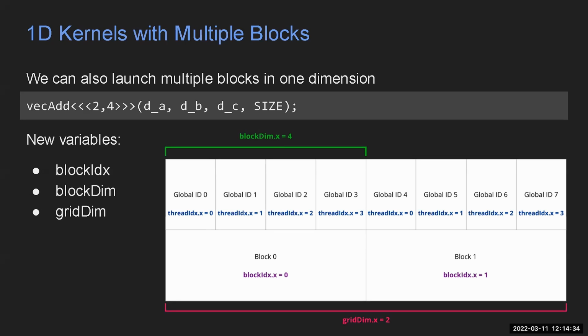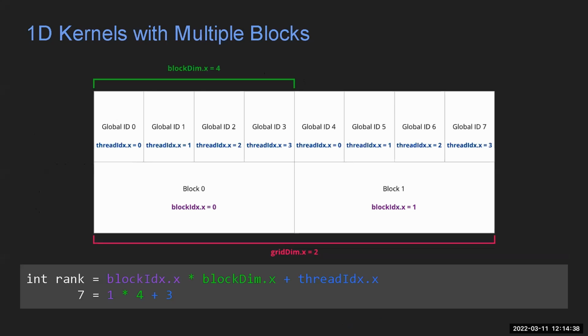So now that we've talked about what all these different new variables are, let's actually use them and figure out how to get that unique rank value again. And you'll see here, in the code at the bottom, I've already put the equation for you. So the way we can find something's rank is, basically in all these examples, and it'll get more complex as we go, all we're doing is summing the number of threads that come before the one we want to determine the rank of.